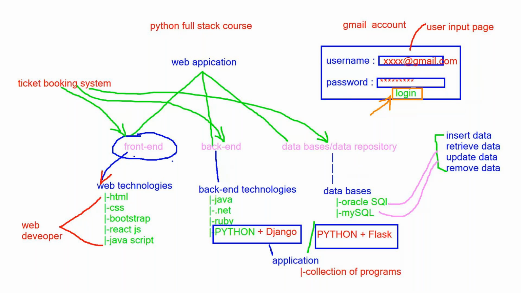For web technologies, updates will be there. For backend technologies, updates will be there. Even for data persistency technologies, honestly speaking, these databases or data repositories are called data persistence technology. I will write that word, it's a very beautiful word.